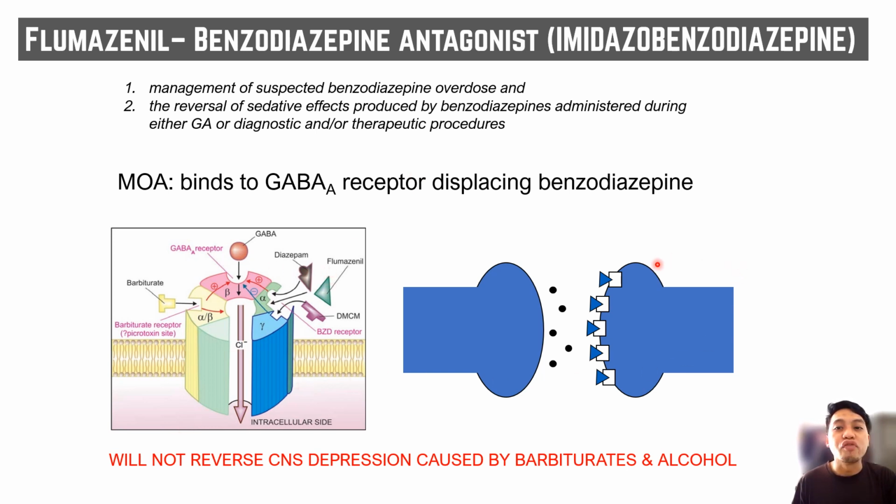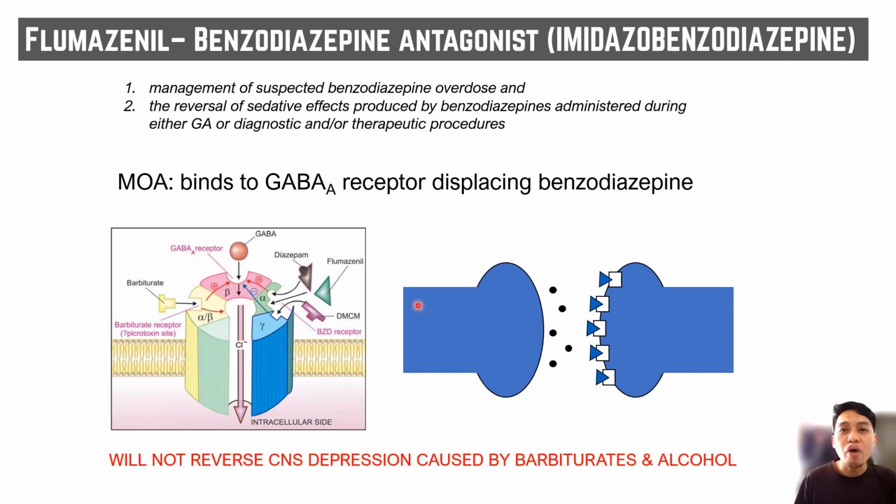facilitate the action of GABA. It is actually an antagonist at the benzodiazepine binding site of the GABA A receptor. Consequently, it competes with any benzodiazepine that is present, displaces the benzodiazepine from the receptors, as well as reversing the action of benzodiazepine.